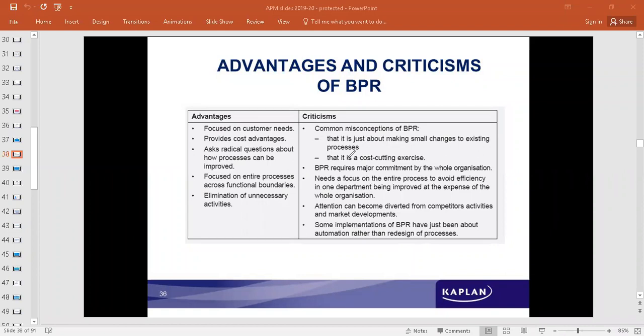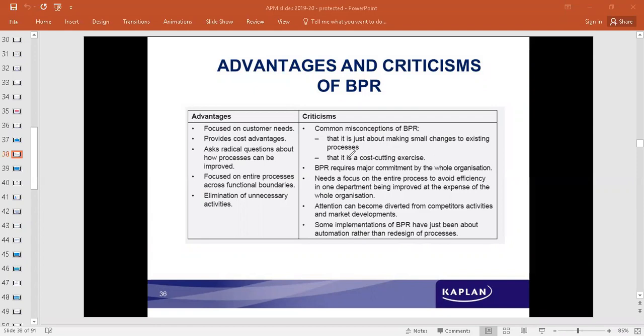Now, if the whole organization is focusing on BPR, they may be overlooking the external factors. The attention can be diverted from competitor activities and market developments. That is a danger which is there. This is not just about implementing BPR in the organization. Simultaneously, they also have to observe the external factors. So that may be a problem.